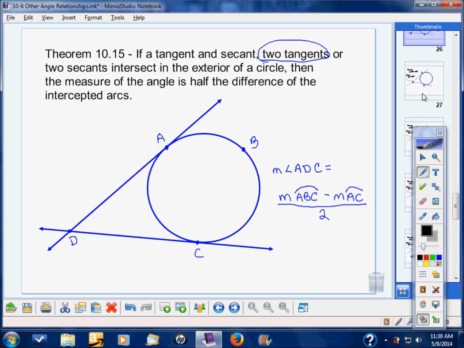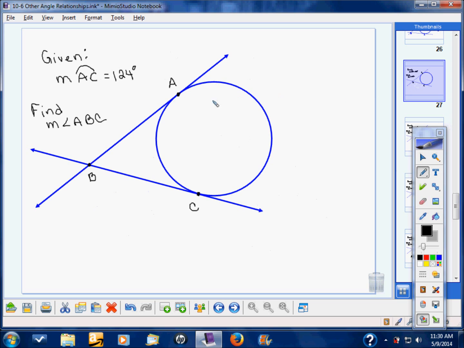Okay, so let's take a look at a sample problem. Same scenario, you've got a circle, we've got two tangents, and the thing with these is it almost always appears as if you don't have enough information to solve the problem. Because we're only given one little piece of information, but you're supposed to subtract something and divide by 2.